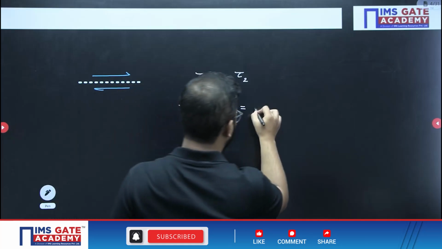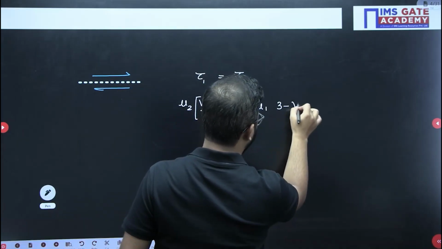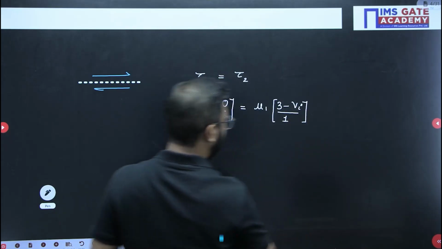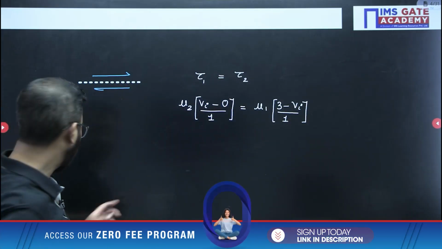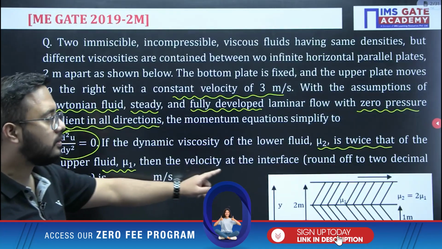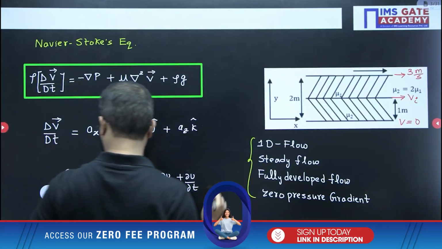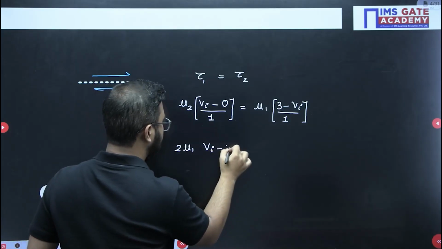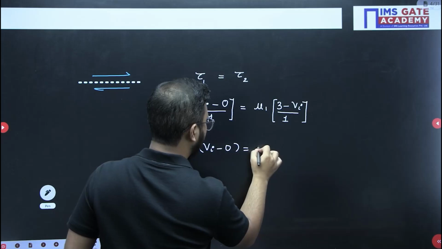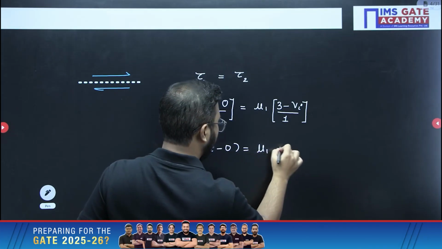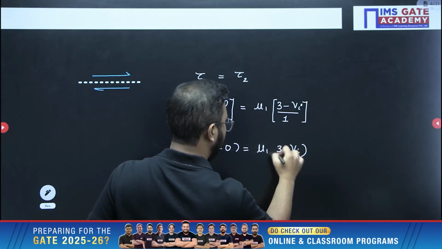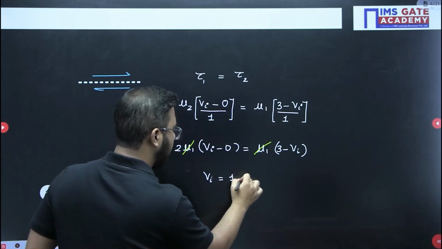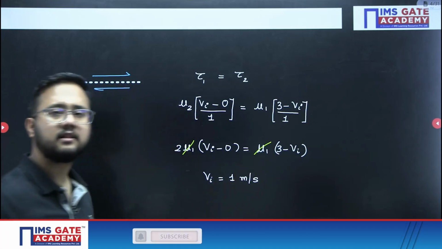Similarly here also, viscosity mu1, and 3 minus Vi is the velocity change for a gap of 1 meter. Now as mentioned in the question, mu2 is twice mu1. So Vi minus 0 equals mu1 times 3 minus Vi. So mu1 will get cancelled out very easily, and you will be getting the Vi answer as 1 meter per second.